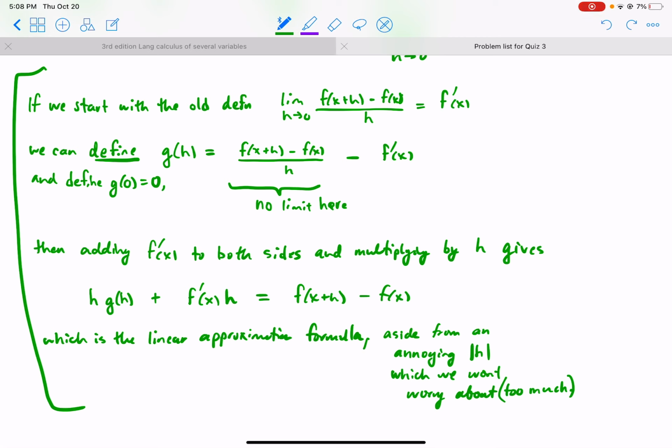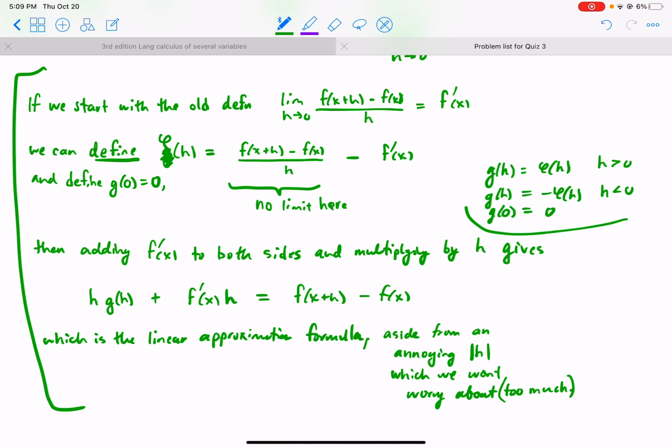If you really want to worry about it, then you can define this to be phi of h, and then define g of h to be phi of h if h is positive, and define g of h to be minus phi of h if h is negative, and then define g of 0 equals 0. And then, if you work it out, you have taken care of this annoying absolute value sign, but we won't worry too much about that.